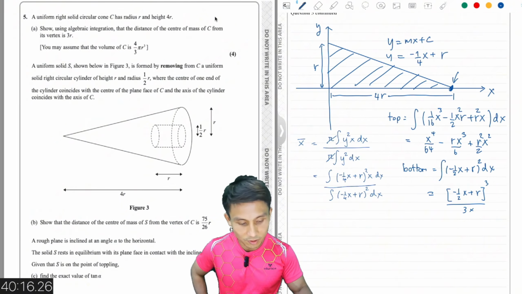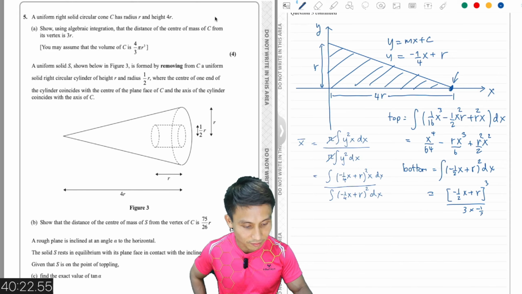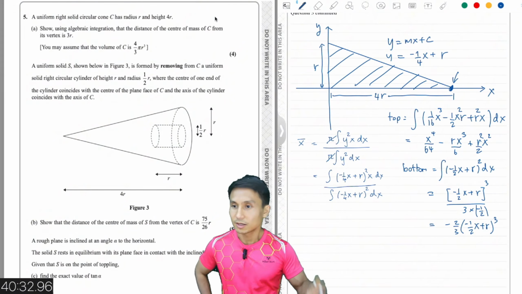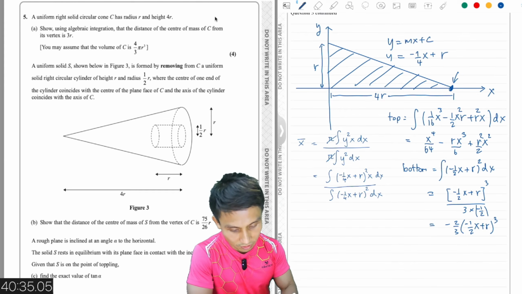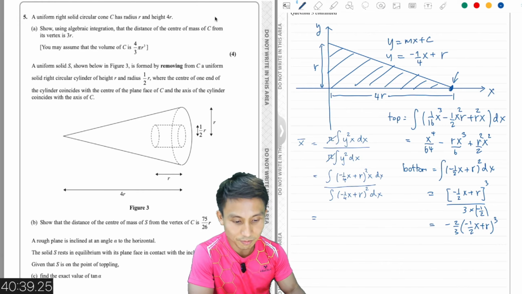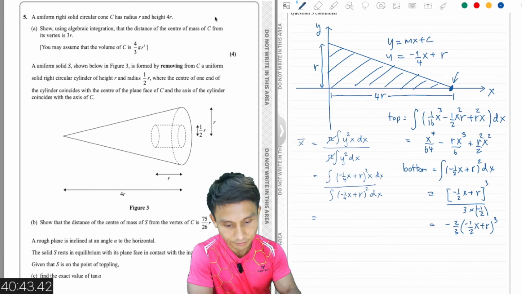And then here we have to also divide by the reverse chain rule inside, which is minus 1/4. Okay, so that is just what? Minus 4 over 3, (minus 1/4 x plus r) to the power of 3. Yeah, so if we bring those things to our expression here and then apply the bounds, it's going to be from 0 to 4r.